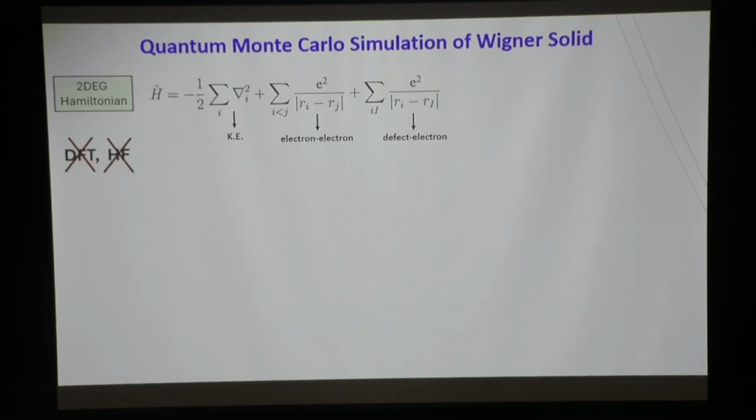Our favorite theories, density functional theory and Hartree-Fock theory, rely on the mean field approximation, so they don't work so well when we have really strong interactions. There are many theories to try, but we decided to try quantum Monte Carlo theory. Let's talk about quantum Monte Carlo for a minute.